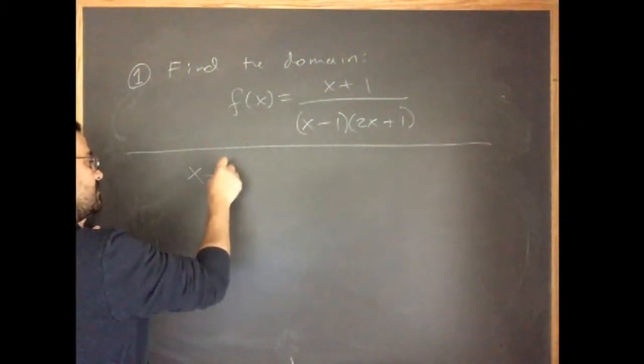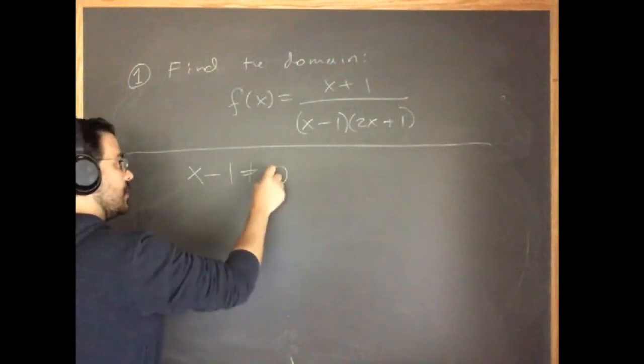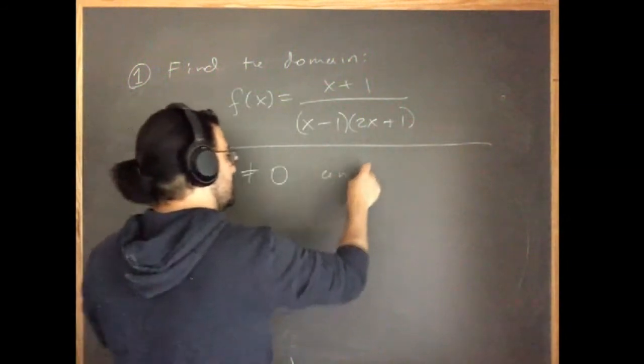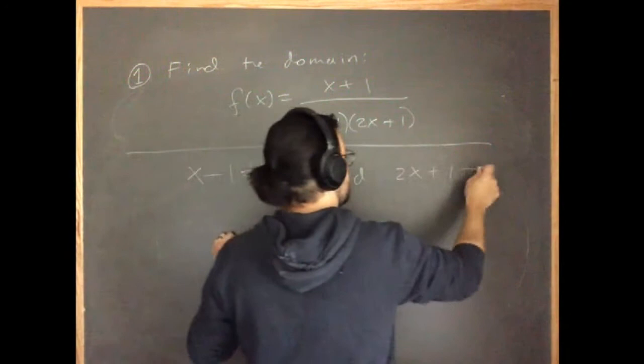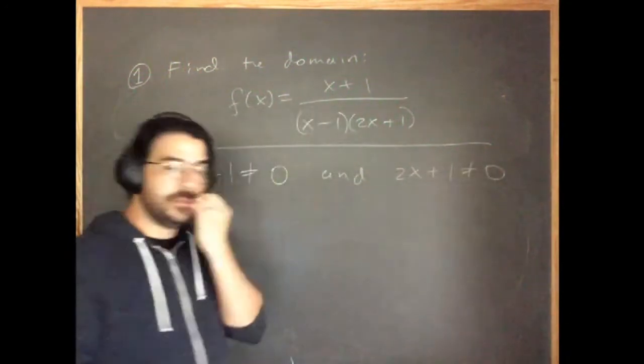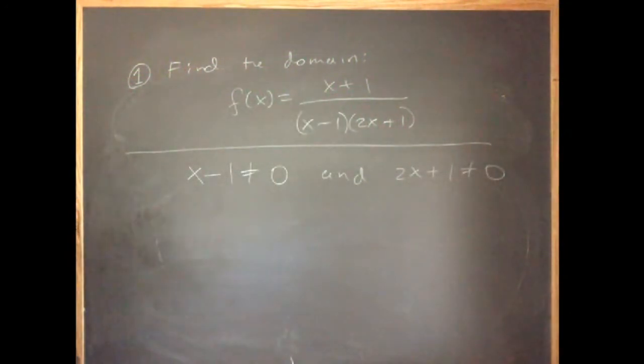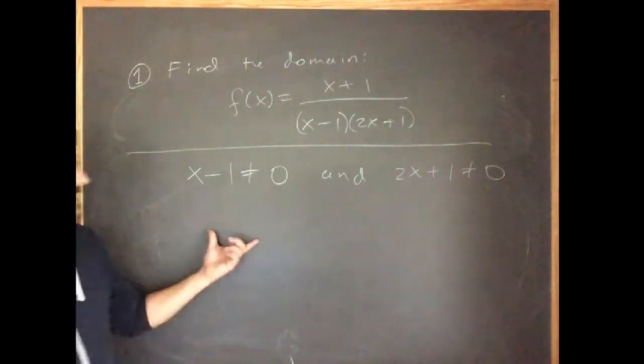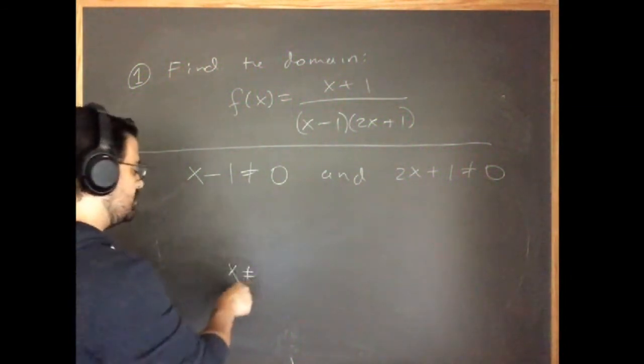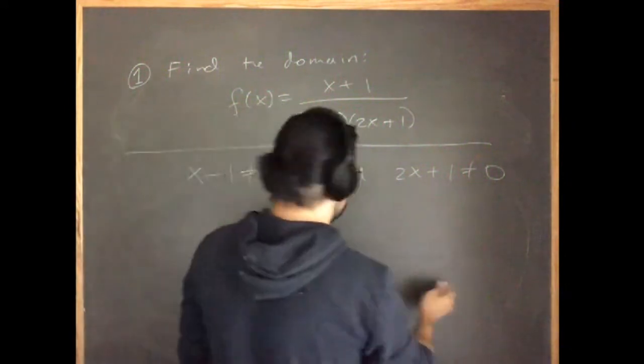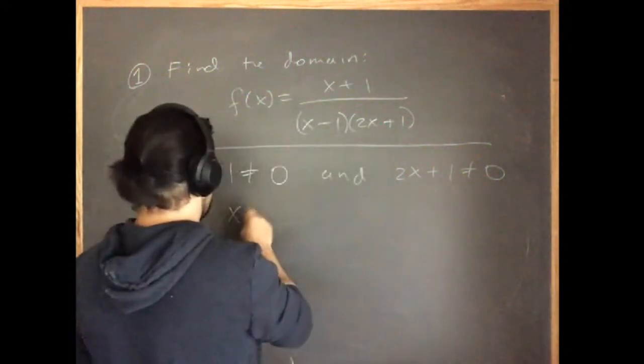So here we need to make sure that x minus 1 is not 0 and 2x plus 1 is not equal to 0, right? So that's what we're doing when we follow step 1. We're saying, okay, what makes the denominator 0? Well, it's either the first factor, x minus 1 is 0, or that second factor, 2x plus 1 is 0. Okay, so in the chat, tell me what should we exclude for this one, and what should we exclude for this guy here, right?